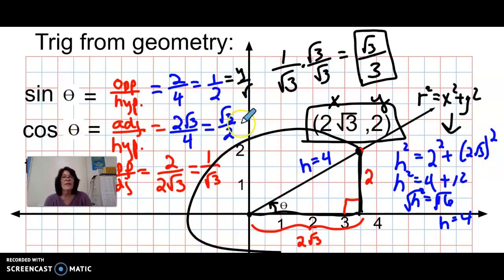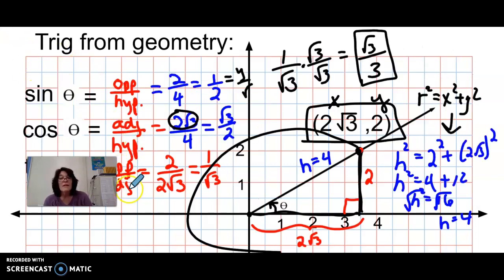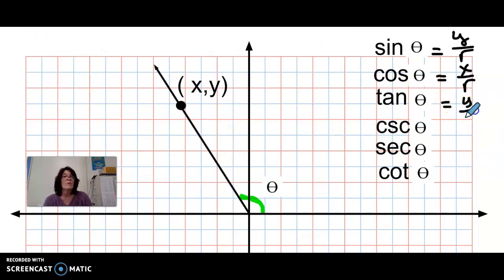The cosine of theta ended up being the x coordinate over r. Okay, and so that's what we call cosine. Some of you that had pre-calc will probably recall this. The tangent of theta, remember we didn't even use the hypotenuse. The tangent of theta was just the y coordinate over the x coordinate. Tangent of theta is y over x.